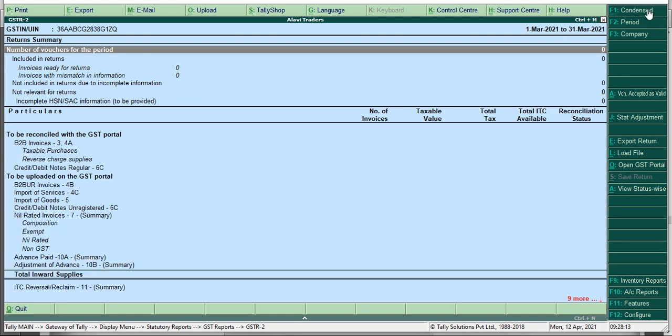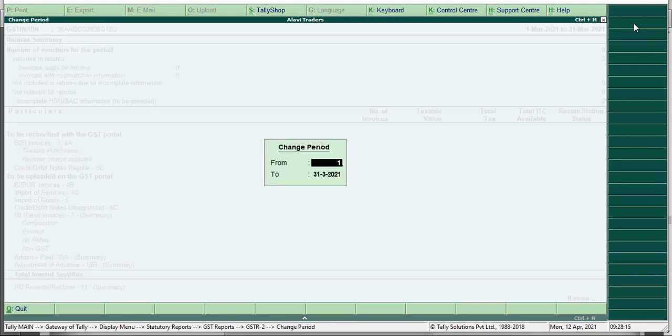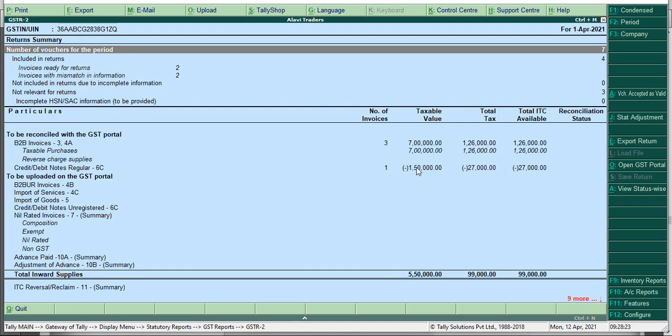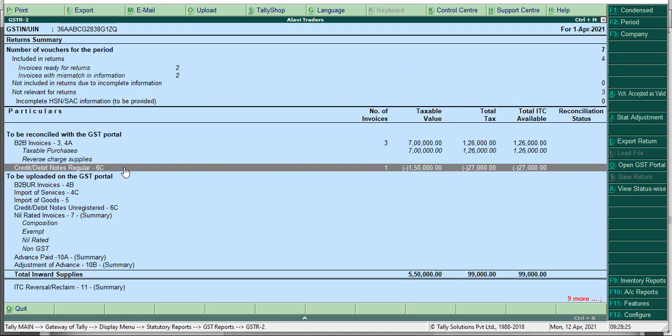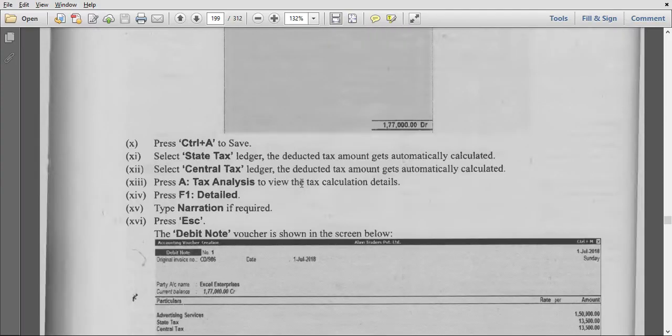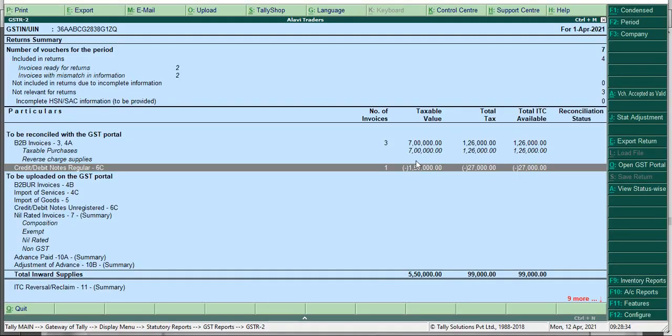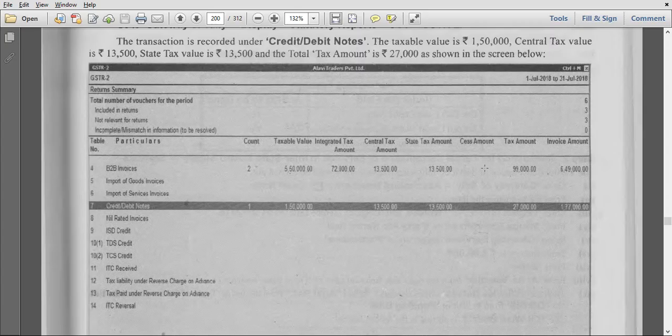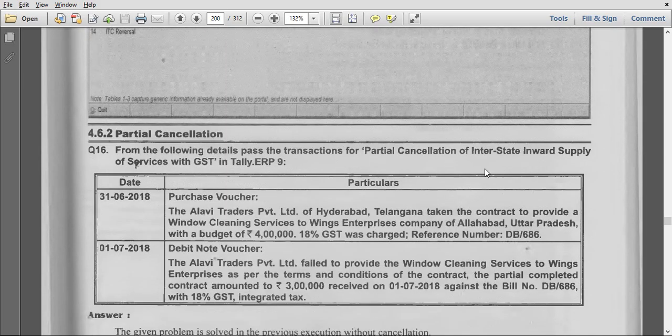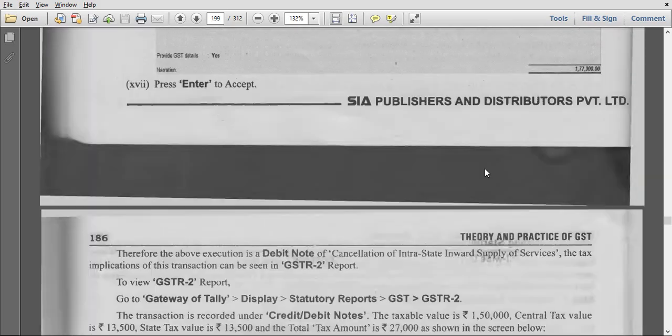Again change the period, 1/4/2021 to 1/4/2021. So we can see here 1,50,000 under credit or debit note regular. So this is the amount we can see. That is the complete cancellation of services.